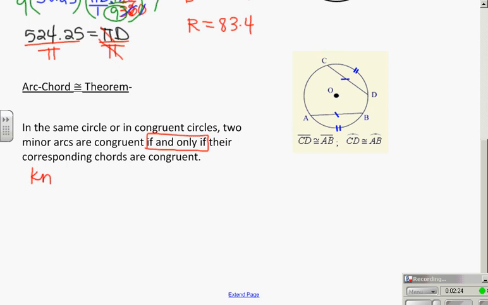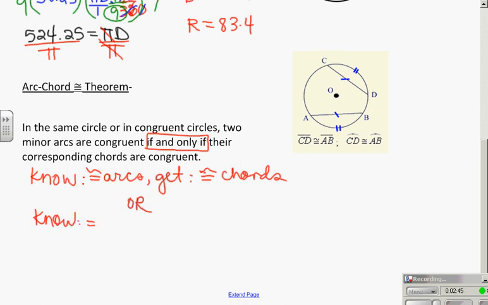Remember again, if you know congruent arcs, you get congruent chords, or if you know congruent chords, you get congruent arcs.